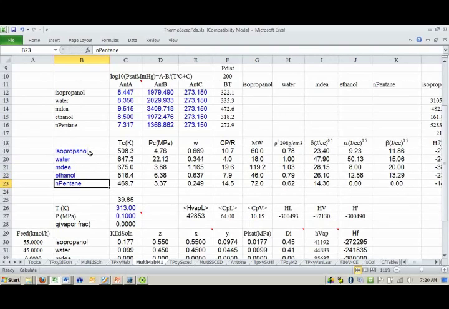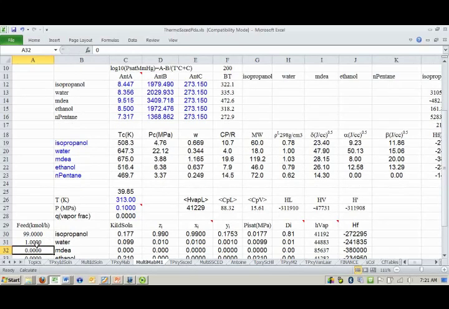The basic problem is that we want to break the azeotrope for isopropanol between isopropanol and water, and so let's say that's 0.99 and, well, actually let's leave it as 99 and 1. So we're trying to break the azeotrope between isopropanol and water by adding this third component, methyl diethanolamine.